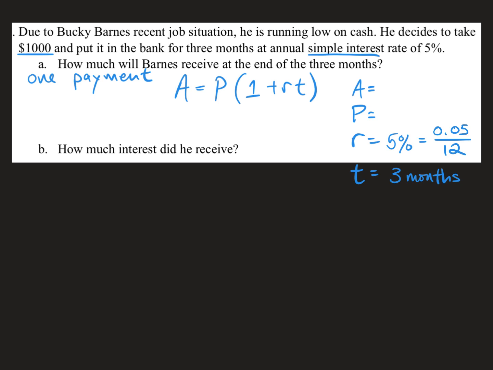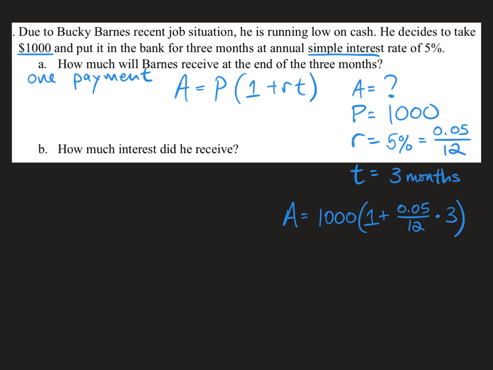The only other piece of information we have given here is the starting amount, which is $1,000, and you're trying to figure out the ending amount. So we can substitute all of these values into this equation, get A equals 1,000 times 1 plus 0.05 over 12 times 3 months.